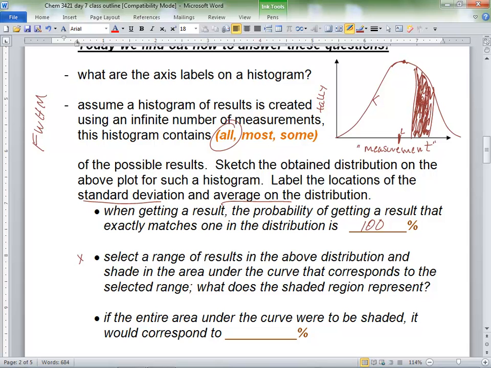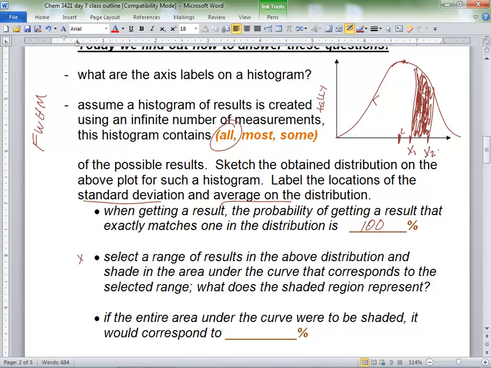You can call them x1 and x2, maybe. Let me clean this up so you can read it. x1, x2. So the shaded region is the probability of getting a measurement between x1 and x2. That's what the shaded part means.